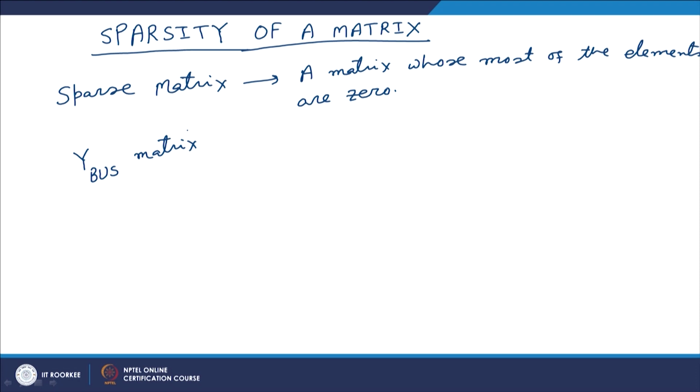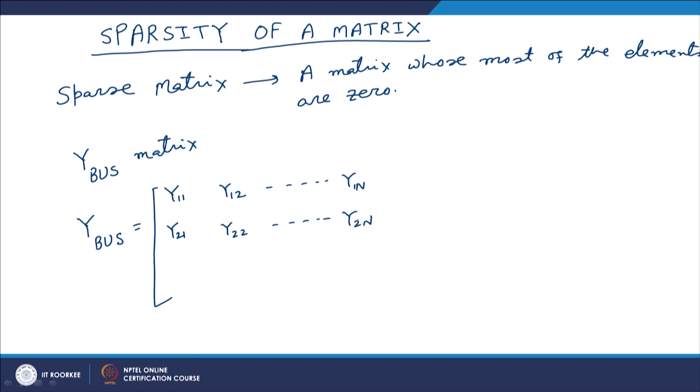If there is an n bus system, this is given as y 1 1, y 1 2, y 1 n, then y 2 1, y 2 2 to y 2 n, and then dot dot dot y n 1, y n 2 to y n n. These are all known, and these are of course all complex quantities that we have already seen.